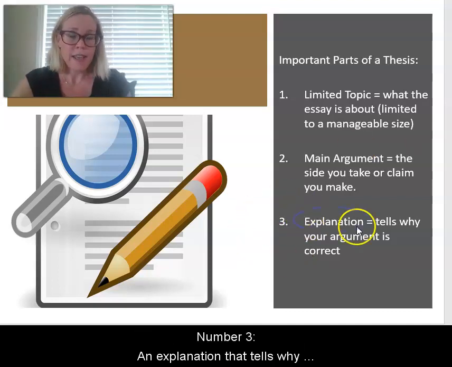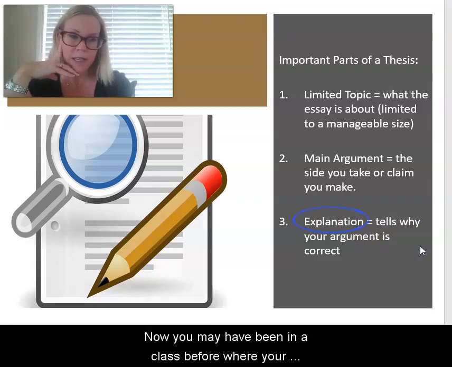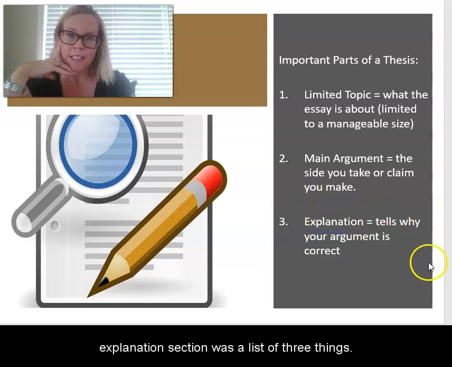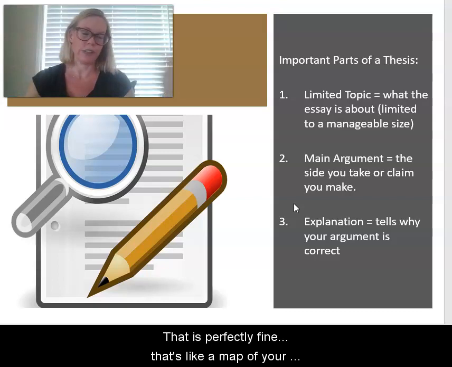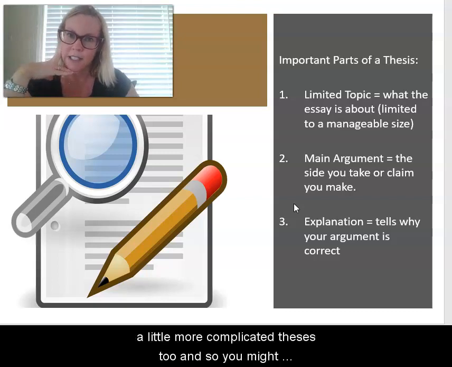And number three, an explanation that tells why your argument is correct. Now, you may have been in a class before where your explanation section was a list of three things. That's perfectly fine. That's like a map of your essay. But this semester, you're going to experiment with a little more complicated thesis too.